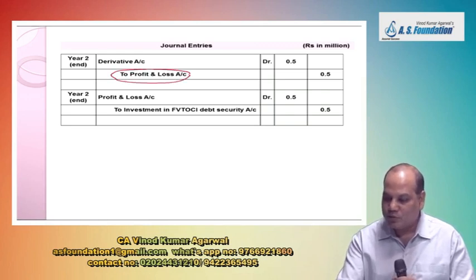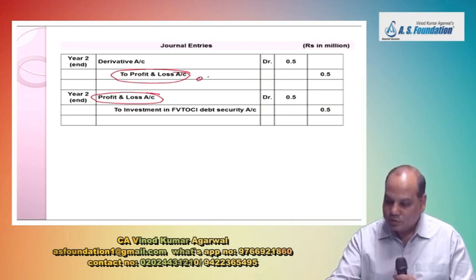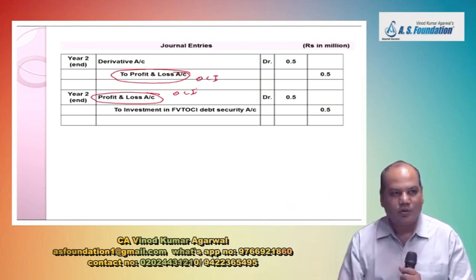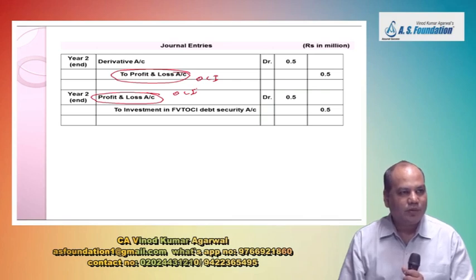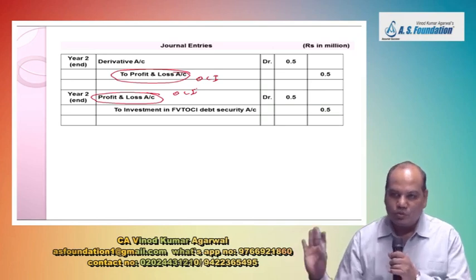So as homework, you solve the same problem assuming it is an equity instrument, so these two entries will become OCI. First year is already OCI, no problem. Second year also, for equity as well as derivative, the change in fair value of both will go to OCI.